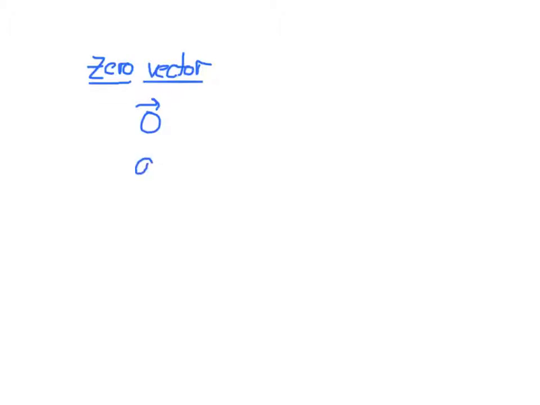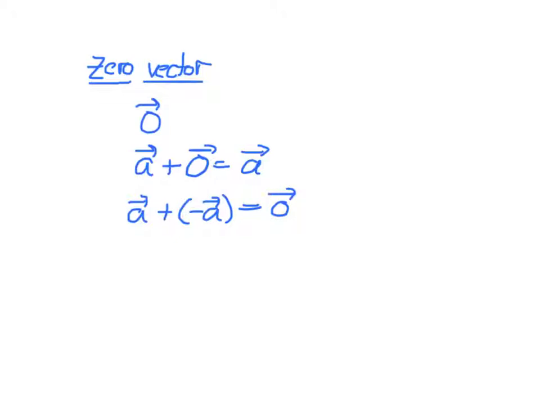If I add 2 vectors together, vector A and vector 0, I'm going to get right back to vector A. Likewise, if I add vector A to its negative, I am going to get the 0 vector. Now remember, a 0 vector is a vector that has a length of 0 and doesn't really have a direction.